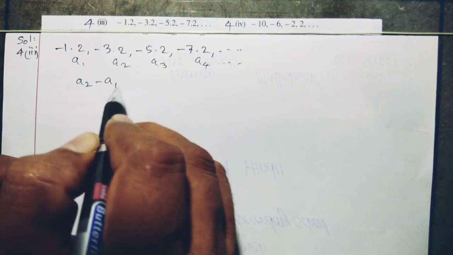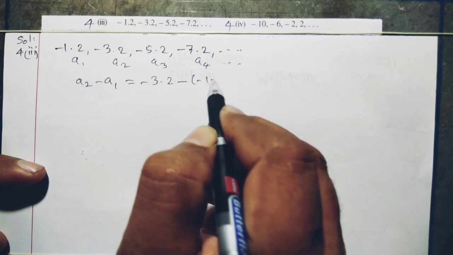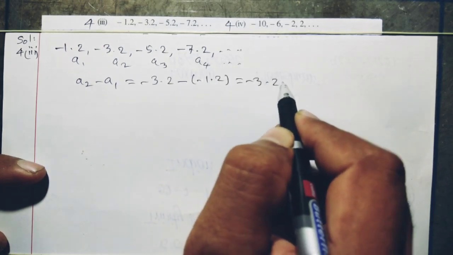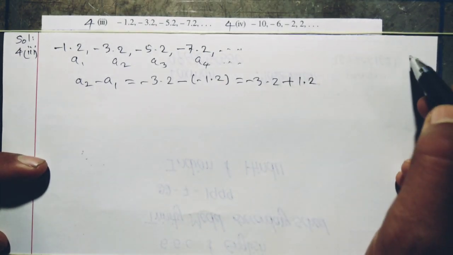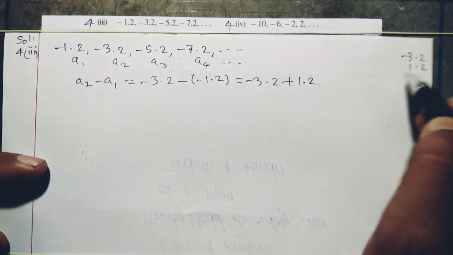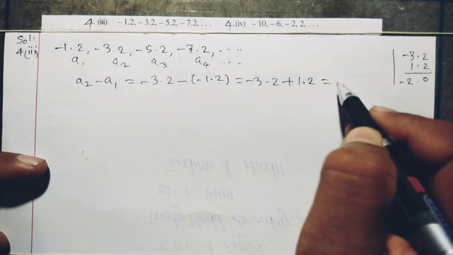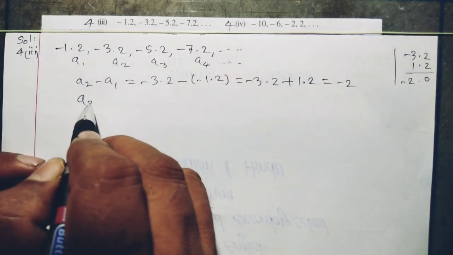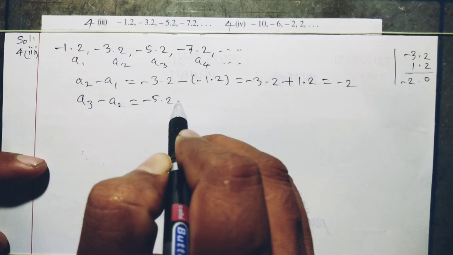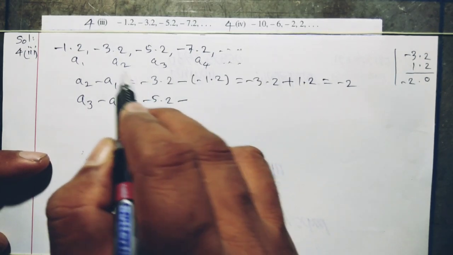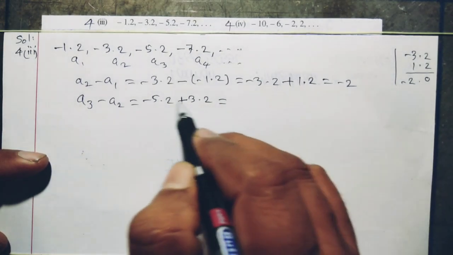A2 minus A1 is equal to minus 3.2 minus of minus 1.2, that is equal to minus 3.2 plus 1.2, 0. So here we can calculate minus 3.2, 1.2, 0, minus 2. So minus 2. Next A3 minus A2, minus 5.2 minus of minus plus 3.2, that is equal to 0, minus 2.